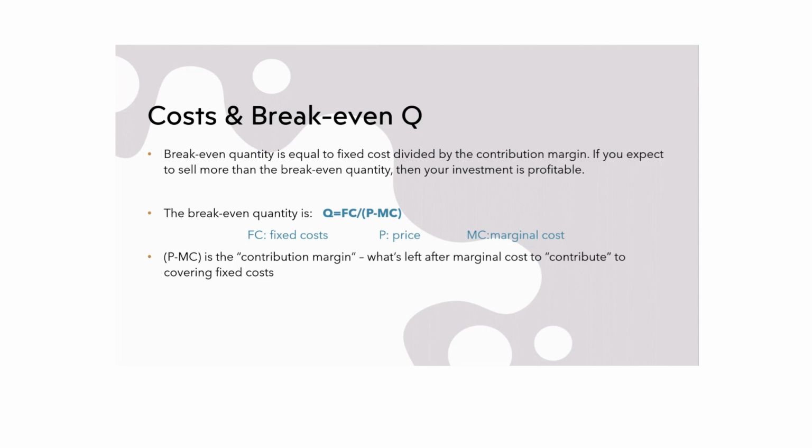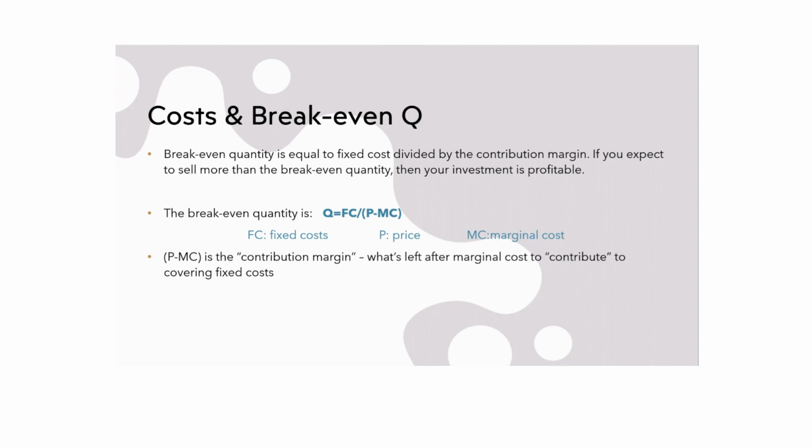So we'll have a smaller value to divide FC, and it gives us a bigger quantity. So the bigger the MC, the bigger quantity we will have. And the smaller value of MC to be deducted from price will give a larger value here. A larger value dividing fixed cost will result in a smaller break-even.